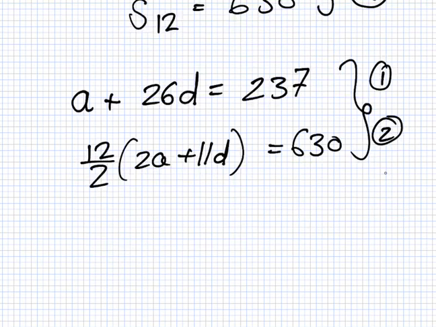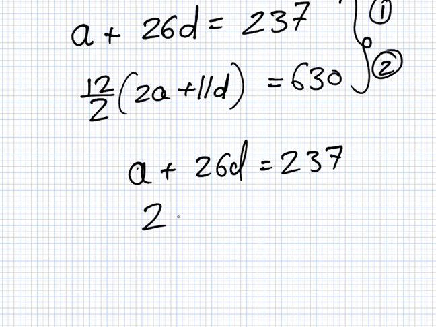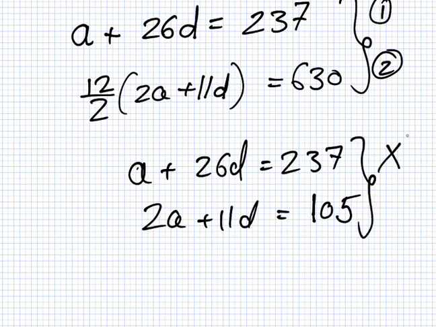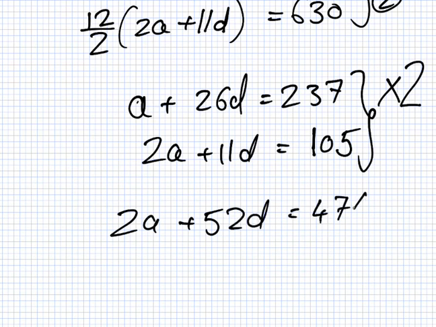Okay, let's clean this up a bit. So this will be A plus 26D equals 237. And then this is 2A plus 11D equals, how do I get this? 105. Yes? Now, what should I do here? I think I should multiply this one by 2. So I get 2A plus 52D equals 474.